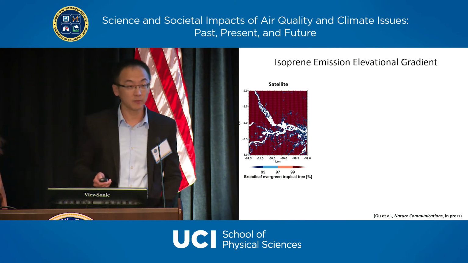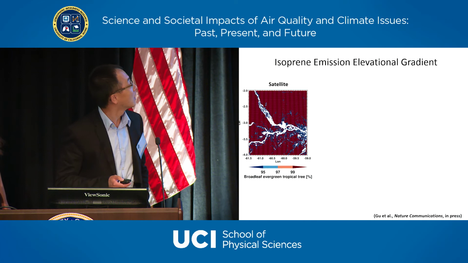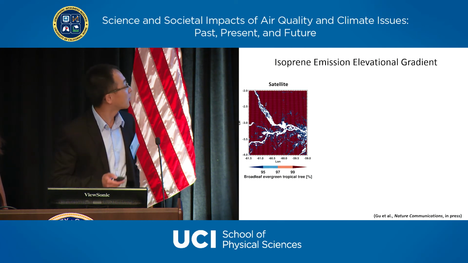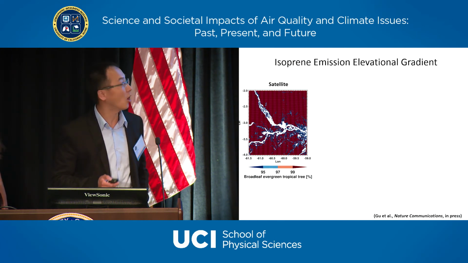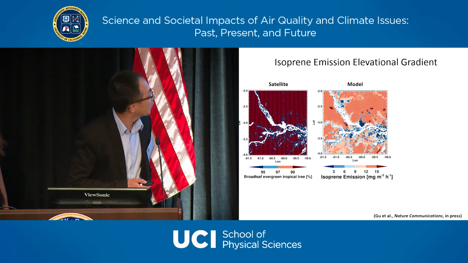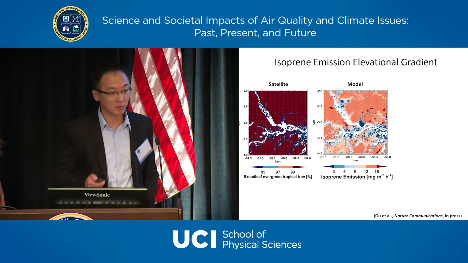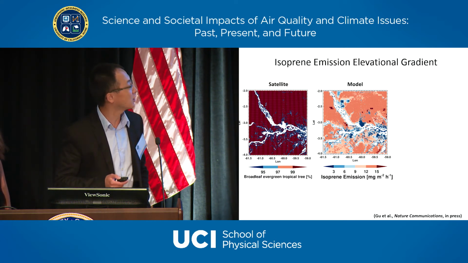At the same time, using satellite, it tells that the central Amazon is covered by almost one single tree species. Using this information in our model, we can get simulated isoprene emission with a generally homogeneous distribution.